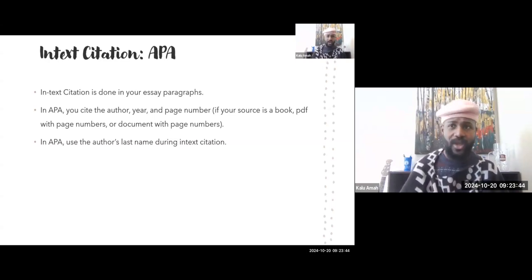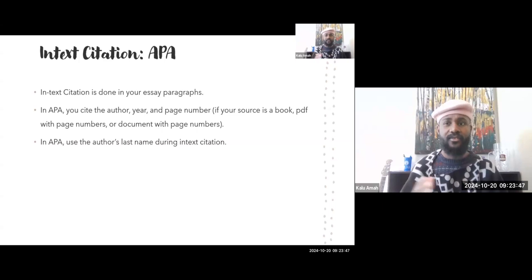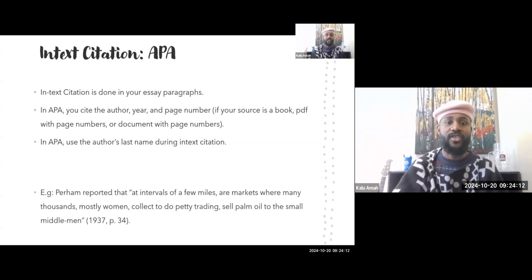Maybe according to Achebe, this is APA style. Whether it's the first time or the 100th time you're mentioning Achebe in your paper, you always use the last name, and don't bring in the author's first name in in-text citation if you're using APA.